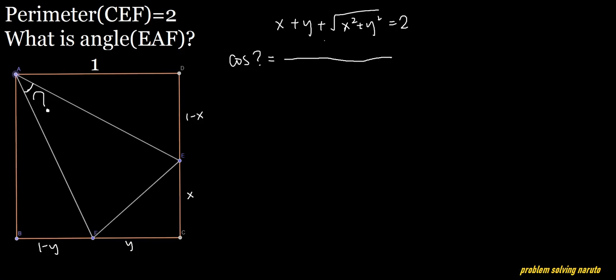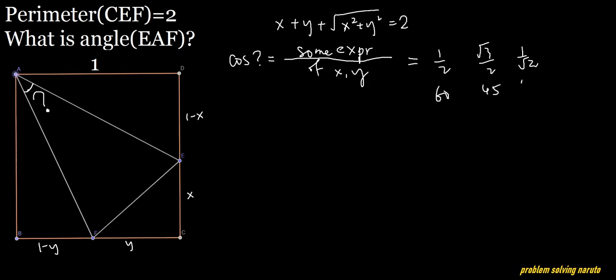Hopefully this will be some expression of x and y, and my thought was that maybe I can rely on this relationship to simplify the expression involving x and y, and hopefully it gives me some nice value like 1/2, so that we can conclude the angle is 60, or 45, or 30. That was my hope.